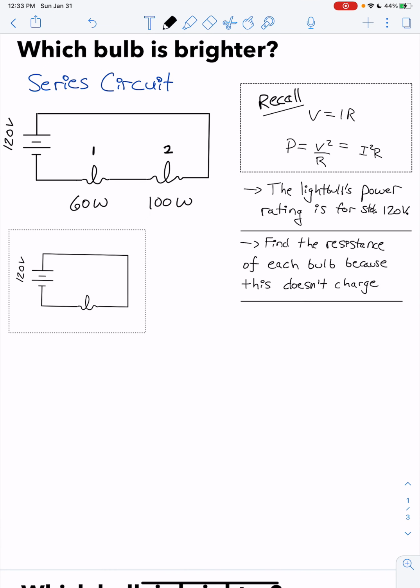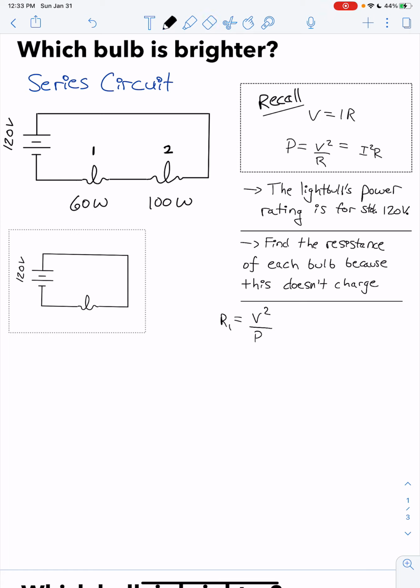So let's do that. I've labeled the light bulbs 1 and 2. So resistance 1 is, well, we can put that as V squared over P, because we can assume this scenario here, which is what the rating is for.